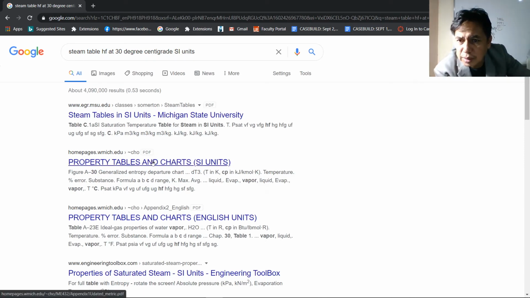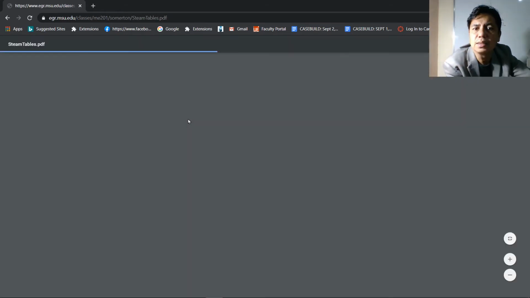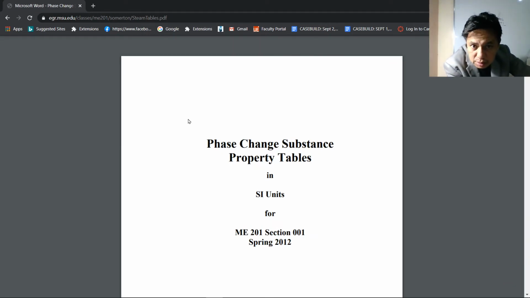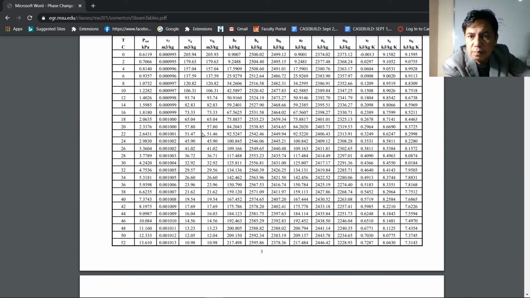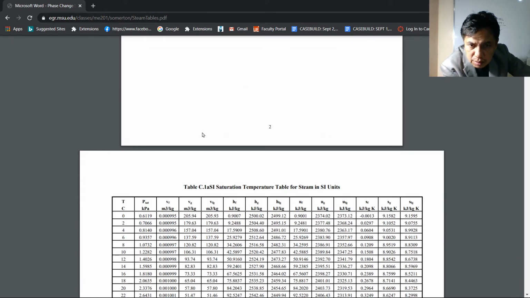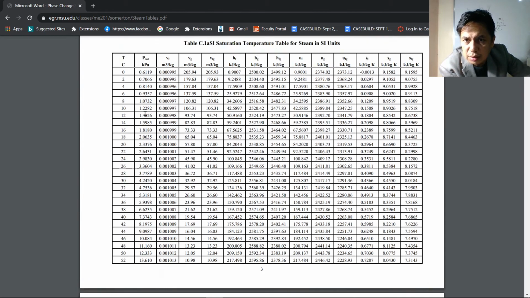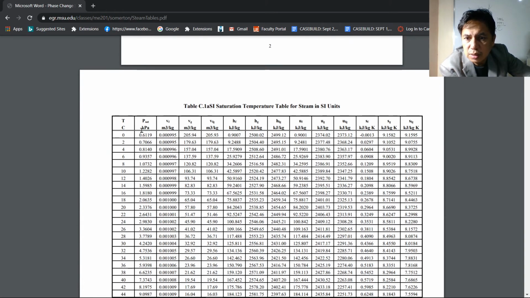SI unit property tables and steam tables, Michigan State University. Is this SI? So let us see. What is this? Saturation temperature table for steam in SI unit. So our temperature, this is saturation, no?